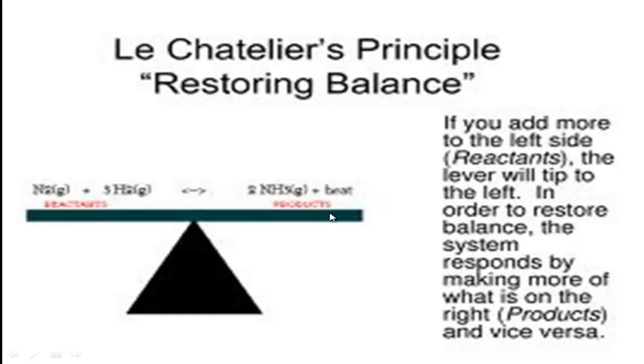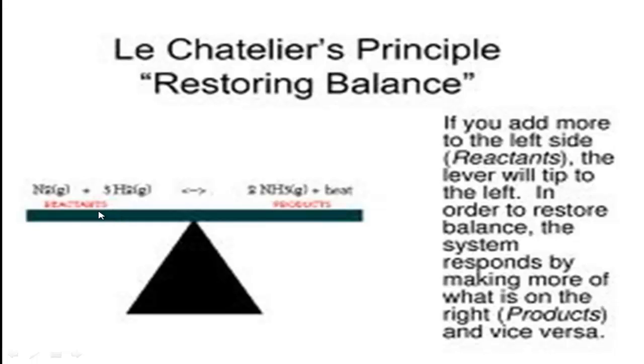Now follow this picture, then it will be more clear. This lever represents the chemical reaction, and now this lever is balanced. That means the reaction is in equilibrium position.